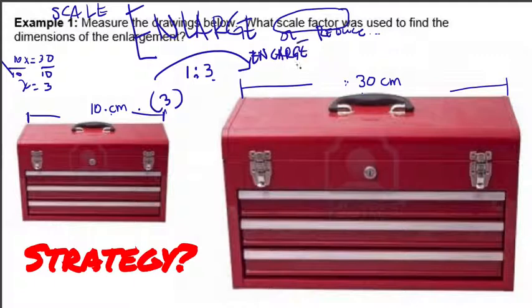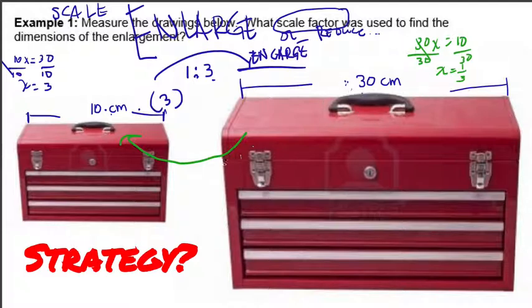Now what if it's the opposite way? What if I want to reduce? If I want to go from here to here, what did I do to 30 to make it 10? So it would be 30x equals 10, divided by 30 divided by 30. X is equal to 1/3. So that means I had to divide 30 by 3.